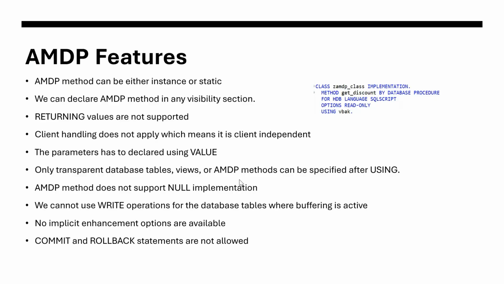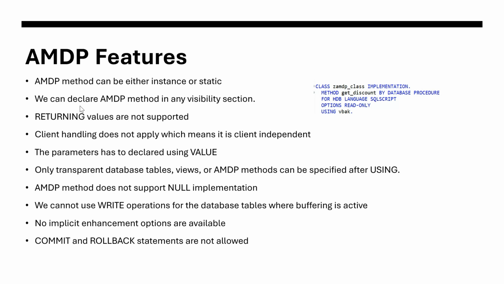So these are the AMDP features. An AMDP method can be either instance or static. We have created an instance AMDP method here. You can create a static AMDP method as well.